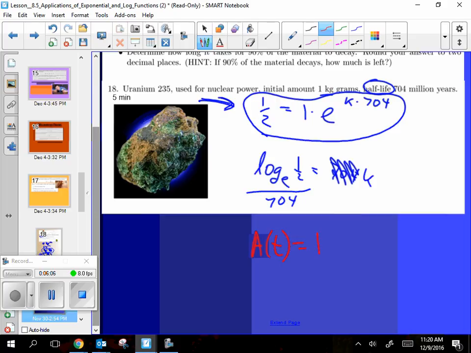In this case, a 1 doesn't even have to be there because 1 times anything is just itself. e to the k, which is now this, ln, or log base e, 1/2 over 704 times t. That's the master equation. That's what they really needed to get the point on this one. Okay? So 1 point for having this and 1 point for having that.